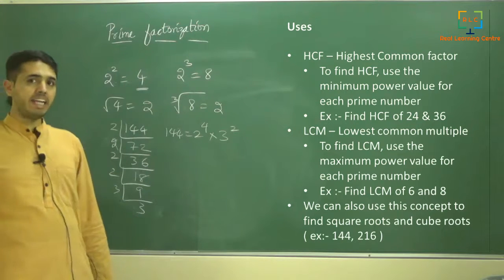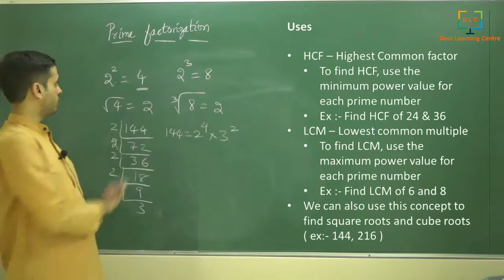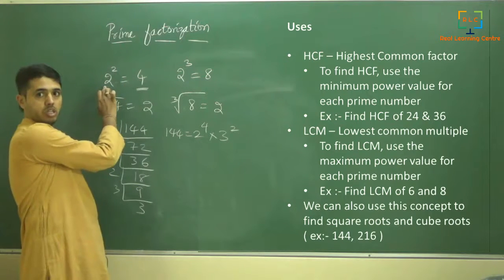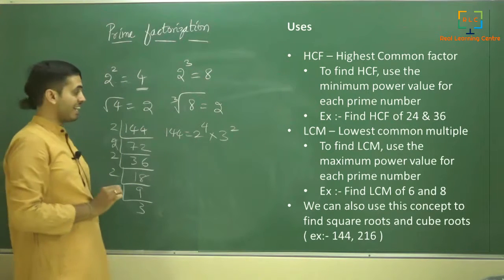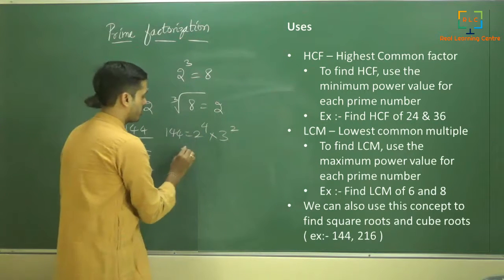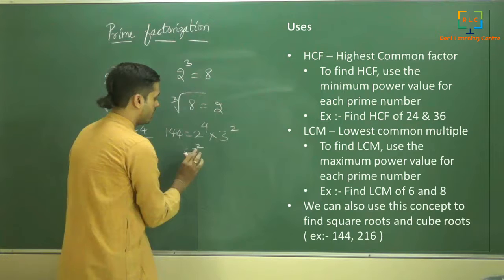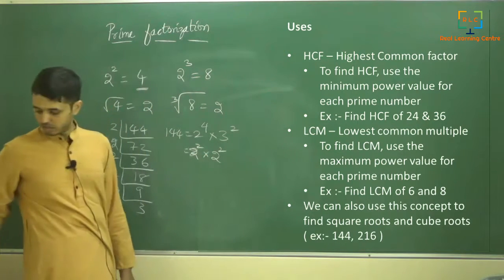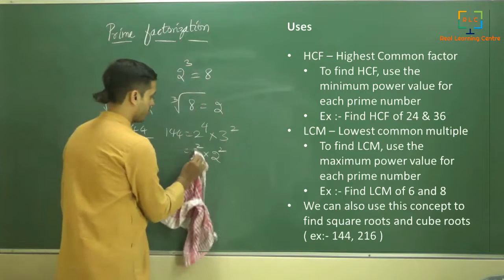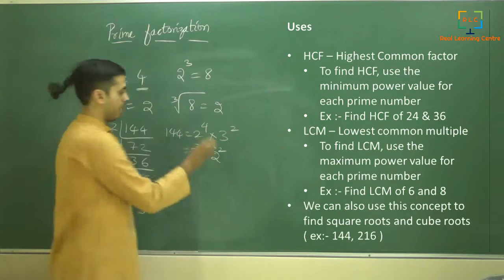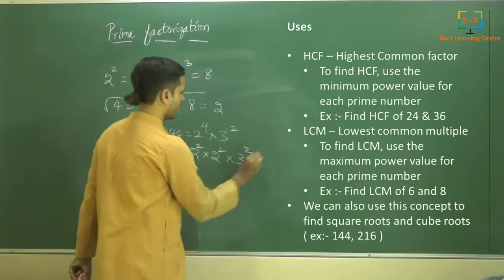In order to find the square root, we saw that if 2 square is 4, then 2 is the square root. Similarly, let us find it for each prime factor. Now here 2 power 4 is there. I can split it as 2 square into 2 square, and I can write 3 square as it is.